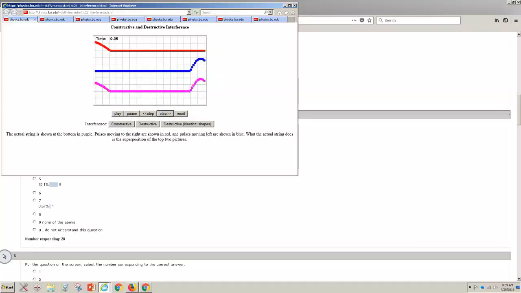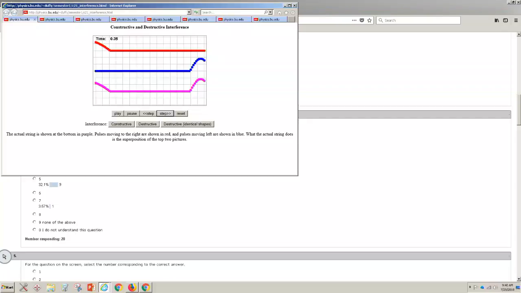Again, what you have to imagine is that the red and the blue lines represent two waves on the same rope, on the same string. So they travel right now toward each other on the same string. The picture just spaces them out so we could see them.